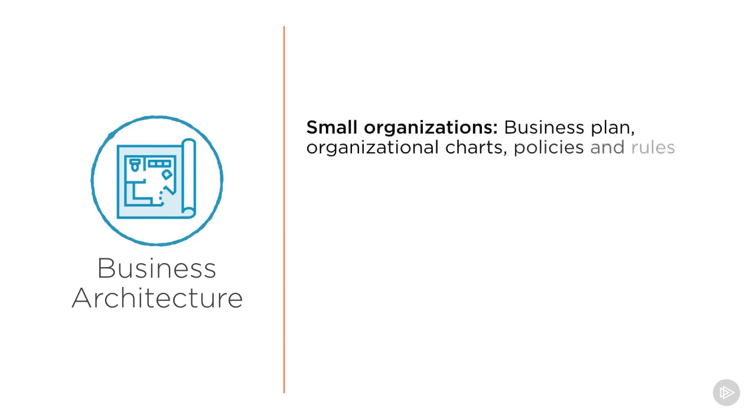The level of detail found in a business architecture will vary depending on the size of the organization and the resources available to the business analyst. In a small organization, simply following the business's overall business plan, as well as the organizational charts, policies, and rules that the business analyst might be able to obtain, can be enough to give us a good idea of how the business operates.